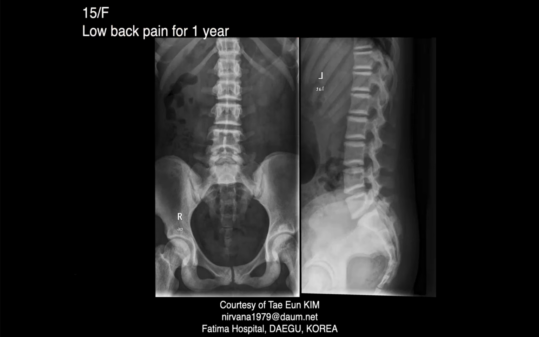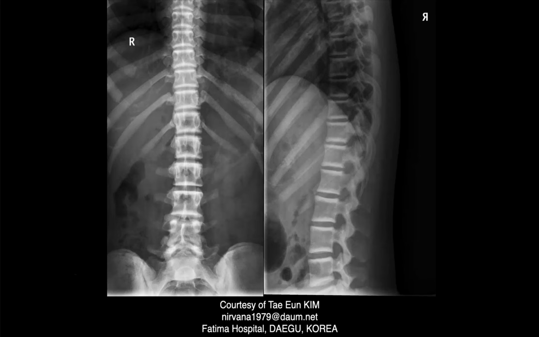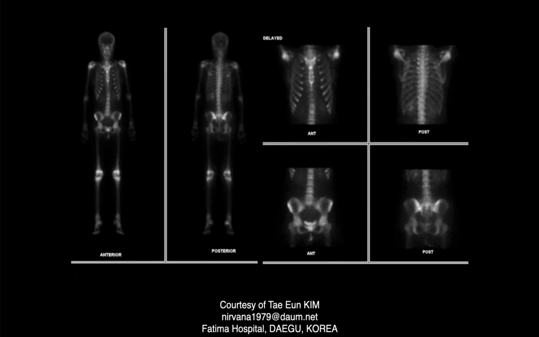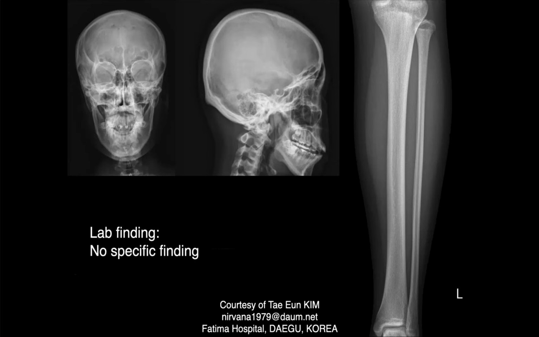15-year-old, low back pain for a year. The end plates are more sclerotic than the rest of the vertebral bodies. The bone scan. I'm not sure there's increased uptake in the spine. The skull looks a little bit thickened.